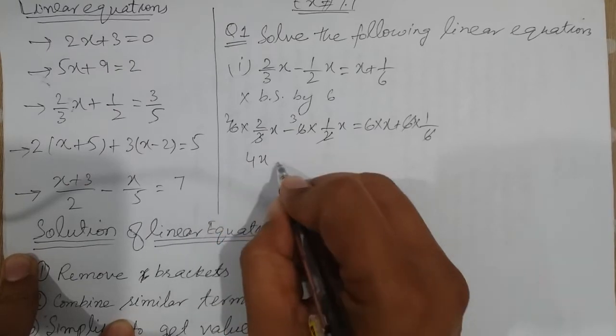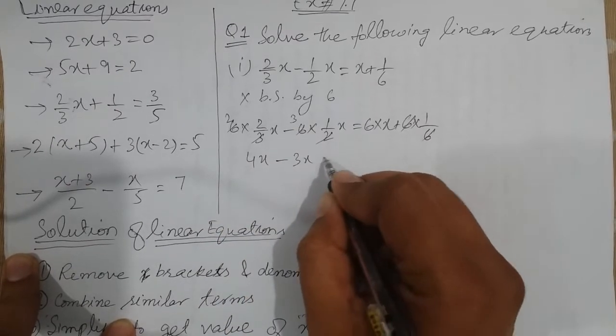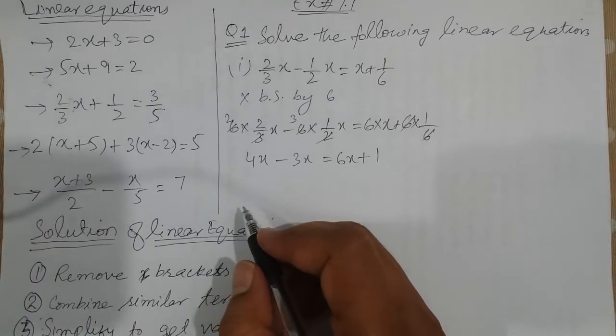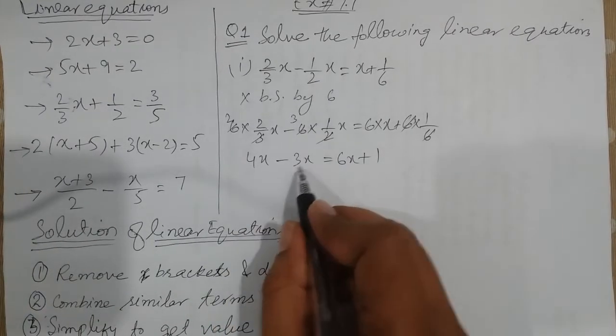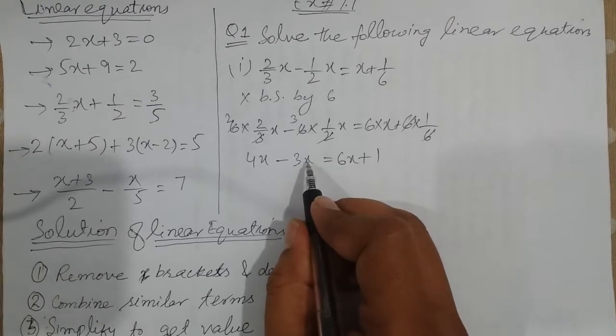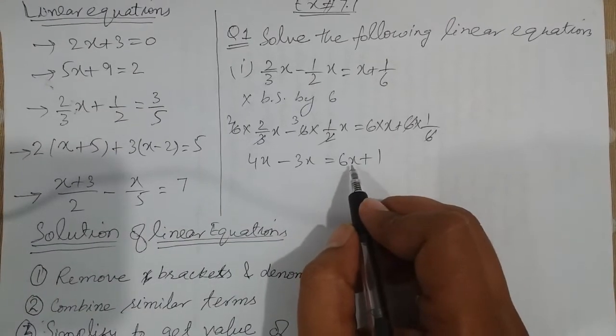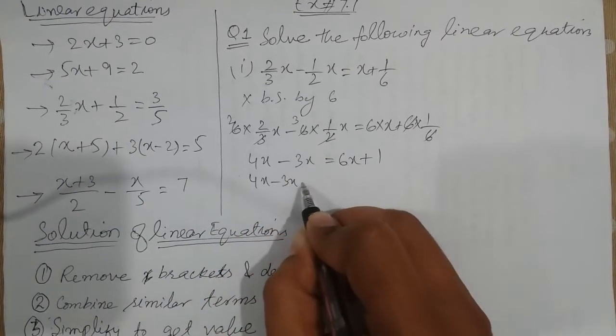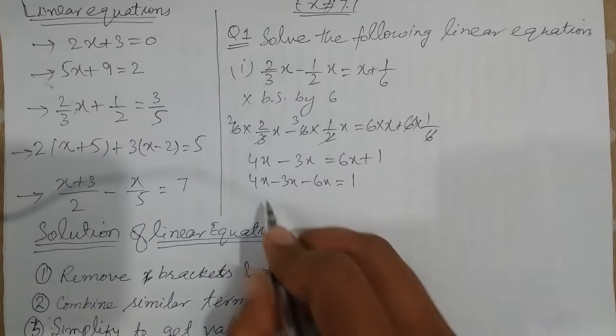It will be 4x minus 3x is equal to 6x plus 1. Now we have to combine similar terms. These two are similar because both have variables, and here 6x also has a variable, so it should be written on the left hand side. So it will be 4x minus 3x minus 6x is equal to 1.